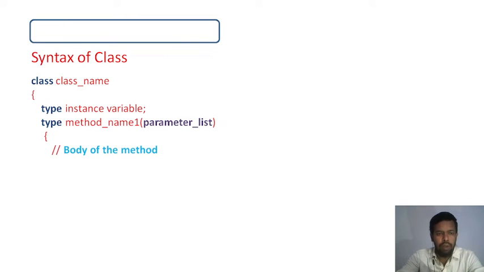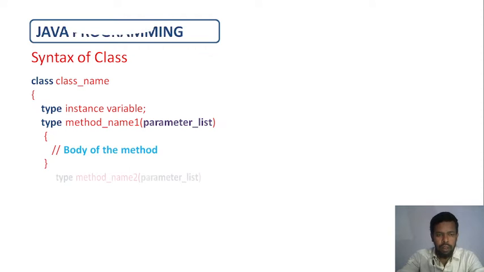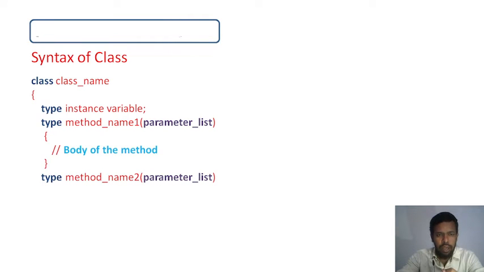For example, in the square program or the cube program, whatever formula and lines are needed are mentioned in the body of the method. When the method is finished, we close the curly braces.